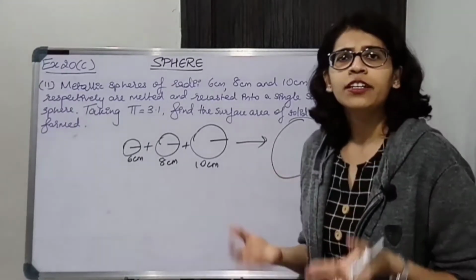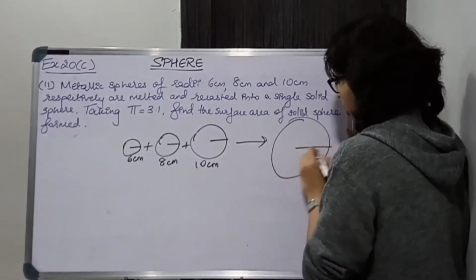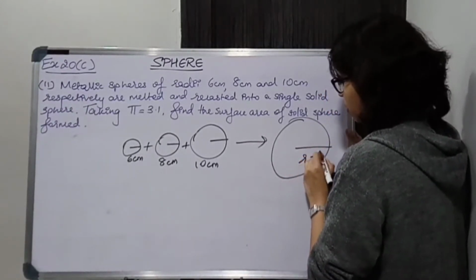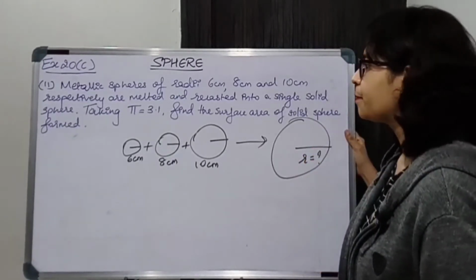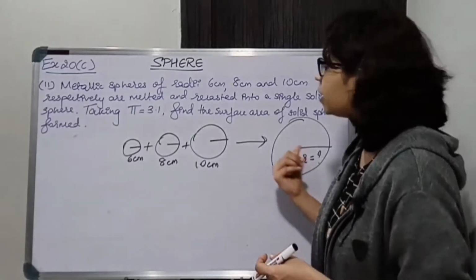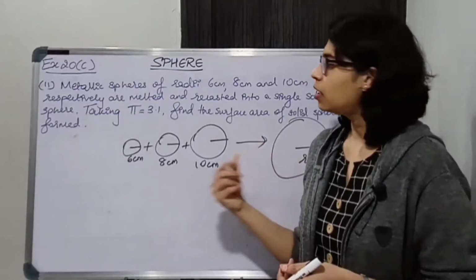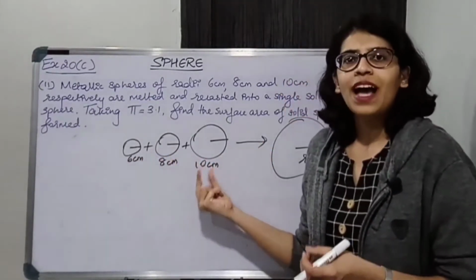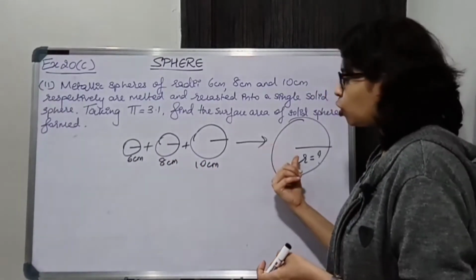Obviously for surface area you need to know the radius. So the radius is what we have to find. Now how to find the radius? You will find the radius by finding the volume of the sphere first. Add the volumes of these three, then you are going to get the volume of this sphere.